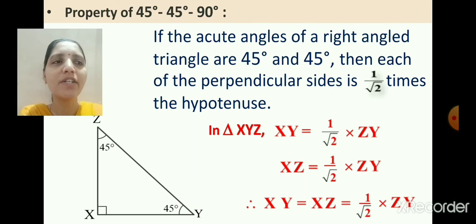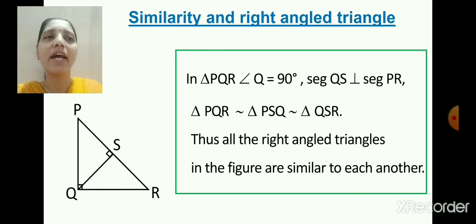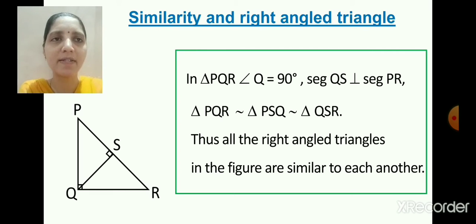Now let's move on to the next part, that is similarity and right angle triangles. Now here I have drawn one triangle PQR. In this, angle Q is 90 degree. Segment QS is perpendicular to segment PR. Then we can say that triangle PQR is similar to triangle PSQ is similar to triangle QSR.